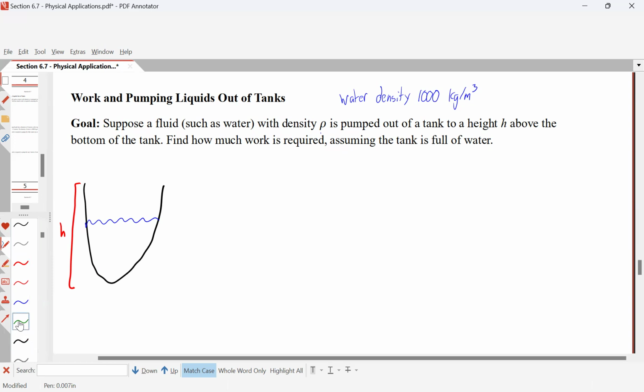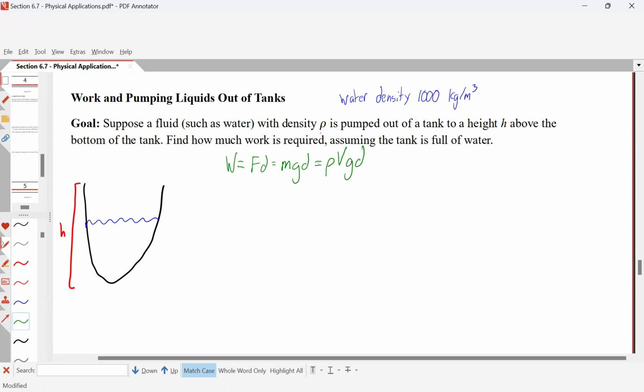Now, as always, starting with our idea of work, work is force times distance. And since this is a vertical situation, we are looking at force being mass times gravity. And mass is density times volume.